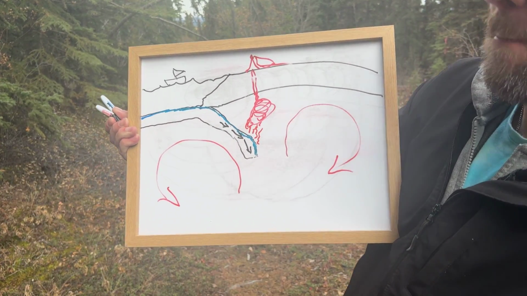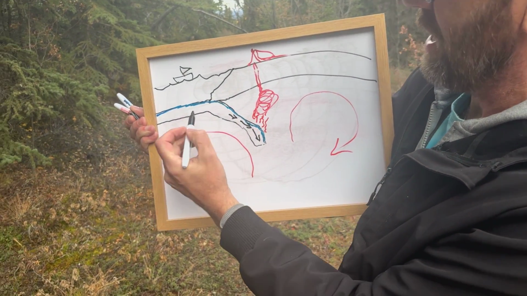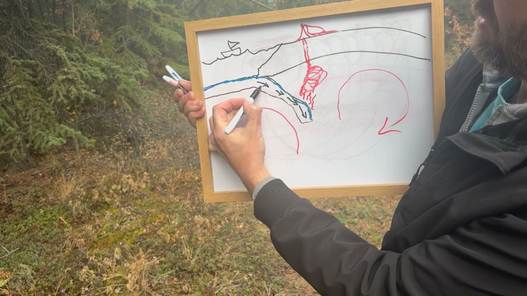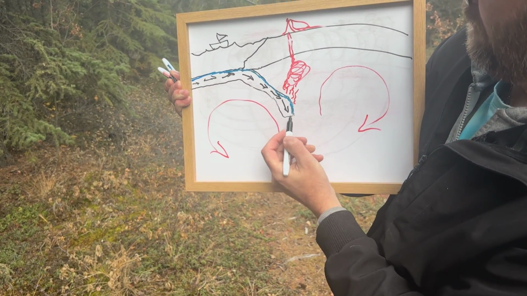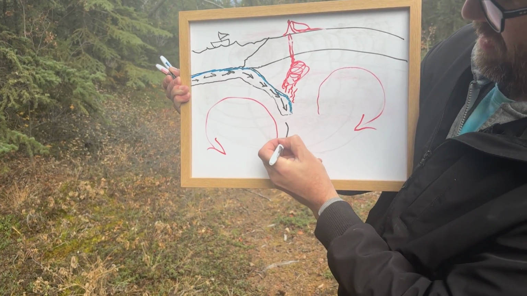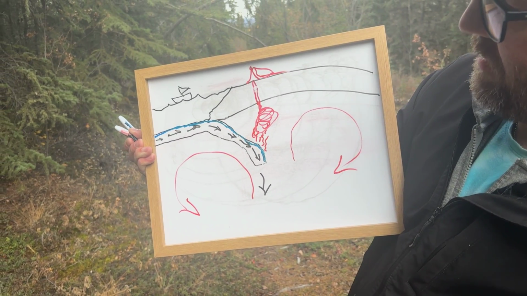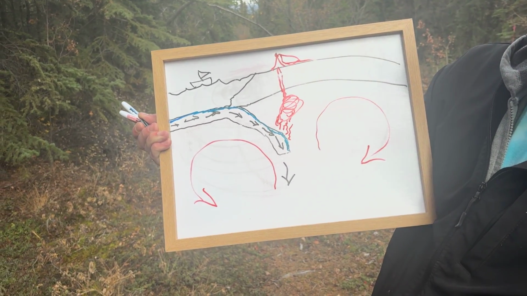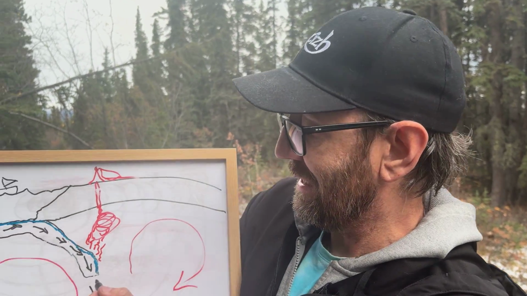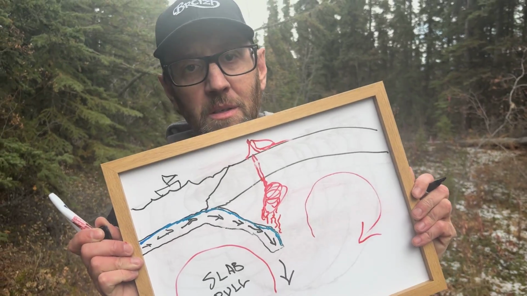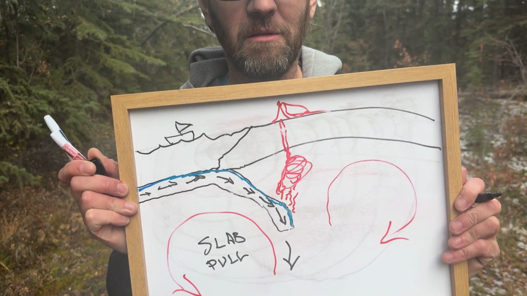Just imagine mountains and mountains and mountains just sinking down into the earth, and like a conveyor belt, it's pulling the rest of this plate along with it. And then it's sucking the rest of it. And that's what drives plate tectonics. Slab pull is responsible for plate tectonics.